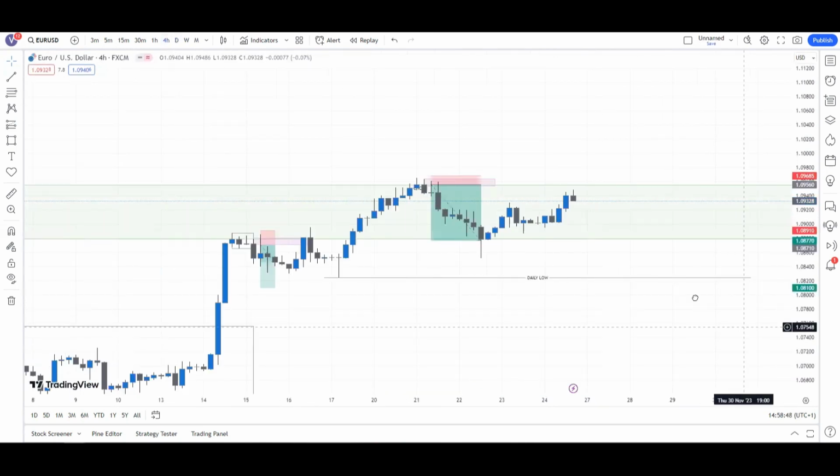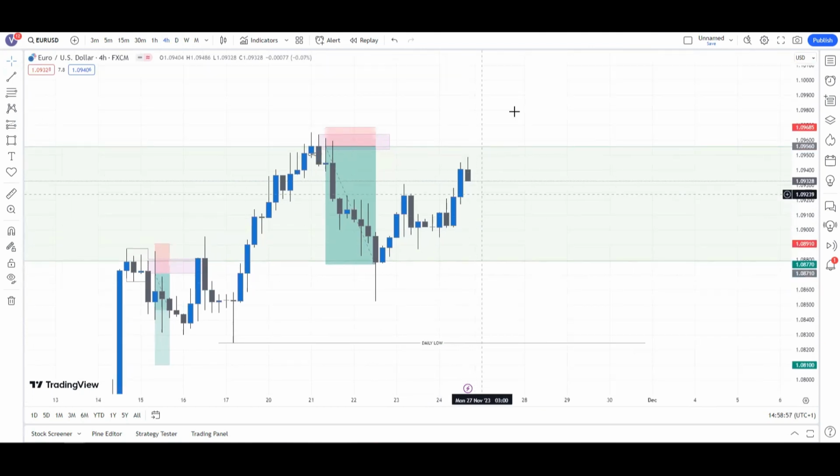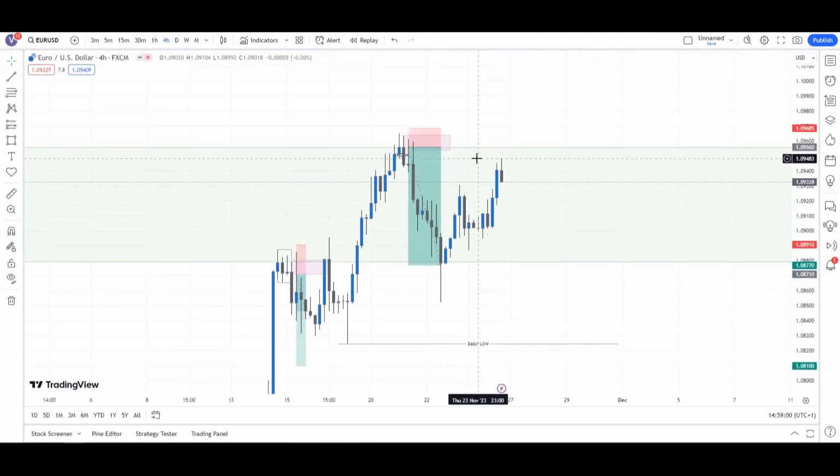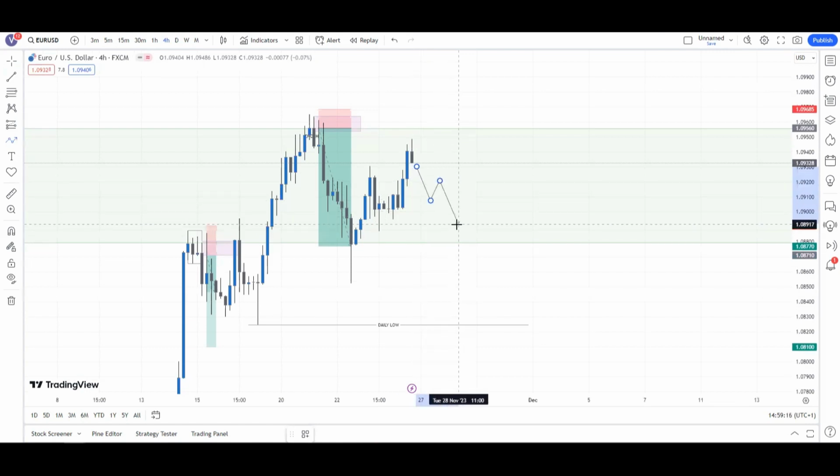Now we can see that price created a daily low, which I indicated here, and failed to break it. If you see it very well, price is looking like it wants to just go down. So I want to see price give me something like this, and then continue buying.